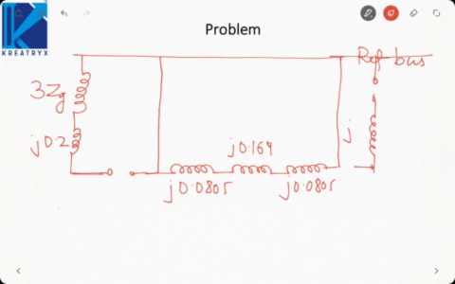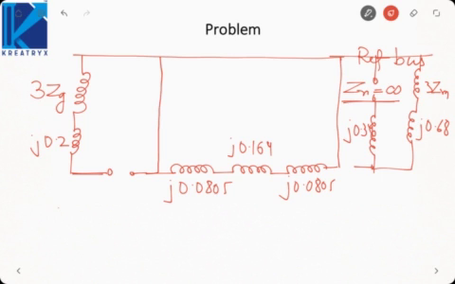When the neutral is grounded, this will be 3Zm and J0.34. Motor 2 has the neutral ungrounded, so Zn is infinity and that is why we have shown an open circuit, J0.68. So in the zero sequence circuit, you have to take care of the neutral grounding and the transformer connection.